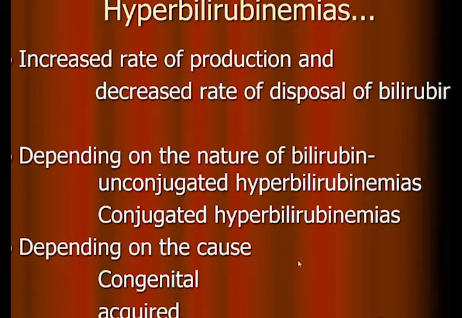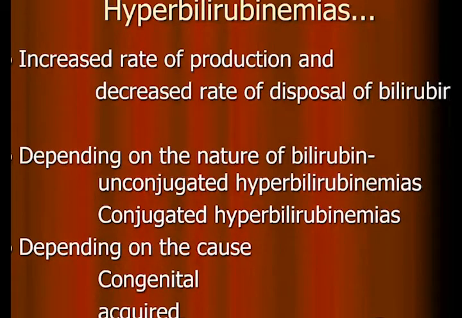By the increased bilirubin level, we can divide it into conjugated hyperbilirubinemia and unconjugated hyperbilirubinemia. Two types of classification you can make, whether it is direct or indirect. So conjugated will be direct and unconjugated will be indirect, right?